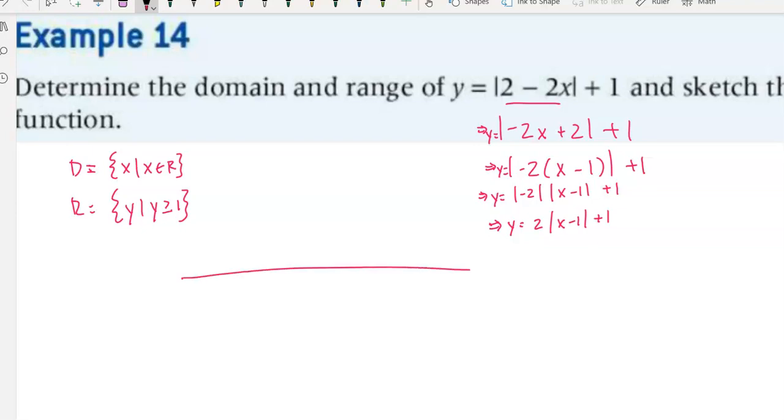And I can draw it, and the vertex is going to be positive 1 and positive 1, right here. And the slope is going to be 2 over 1. So up 2.